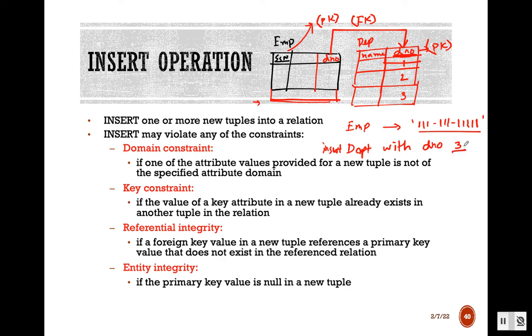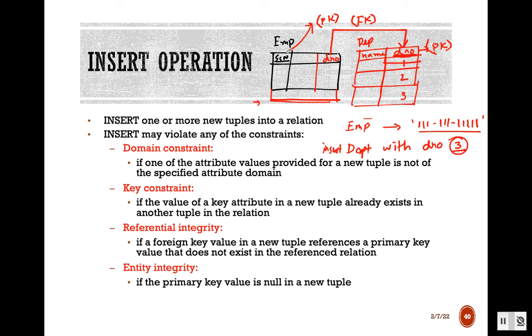So what happens? The primary key constraint says that the primary key value has to be unique in each relation. So I cannot insert a new department with a DNO value which already exists in the table.